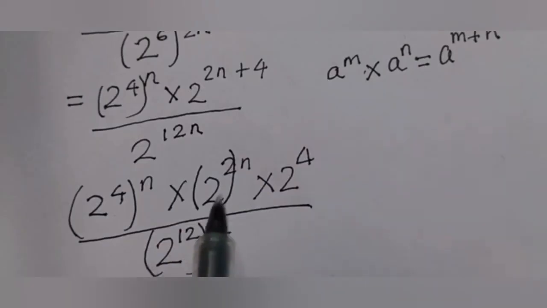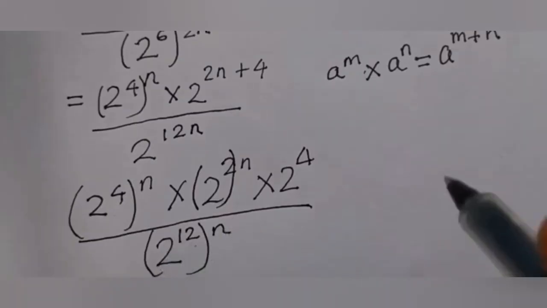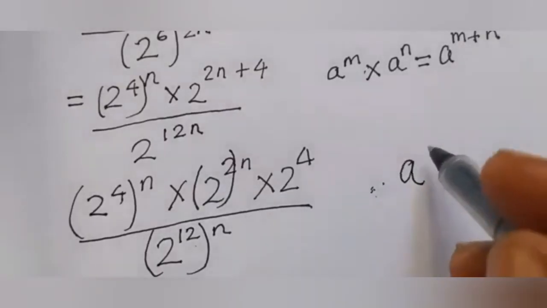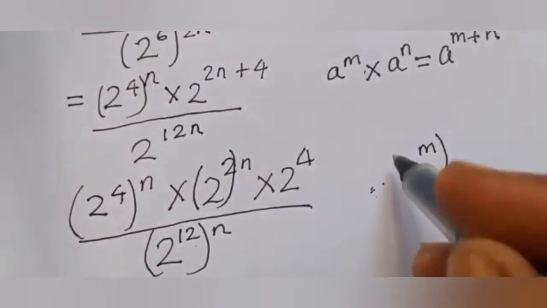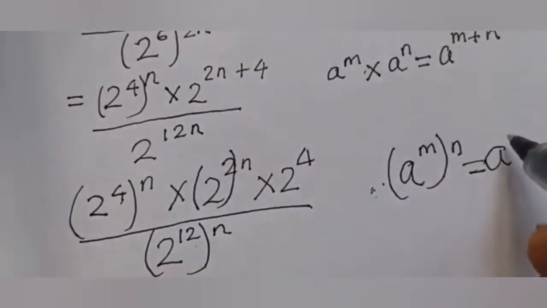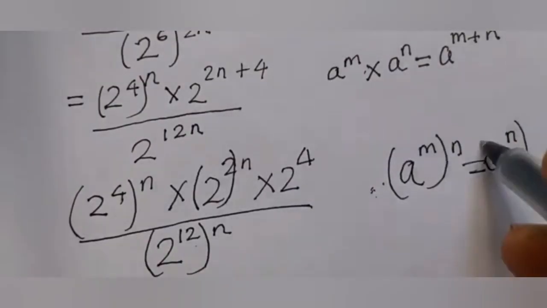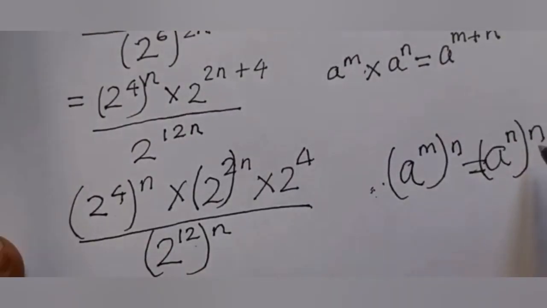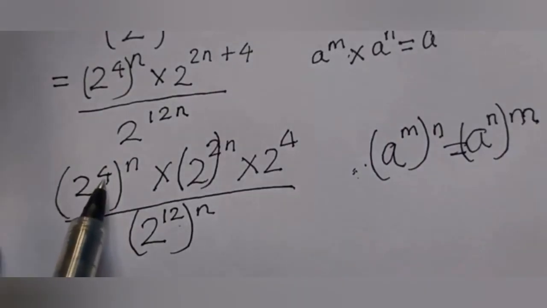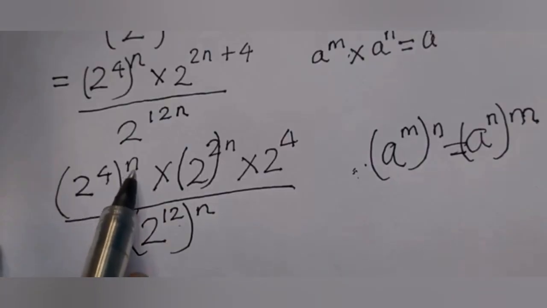Now here we can exchange the exponents by using the following law of exponent, which is the power rule. A power m in the bracket power n is the same as a power n in the bracket power m. The same applies here. 4 goes outside and the n goes inside.